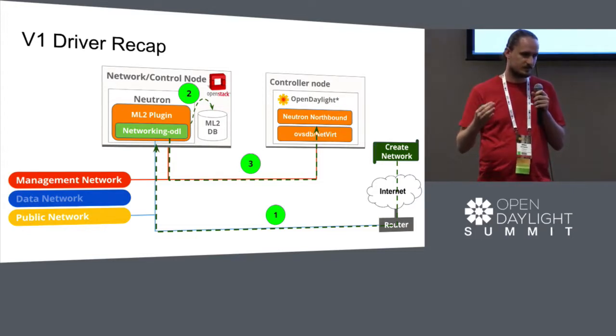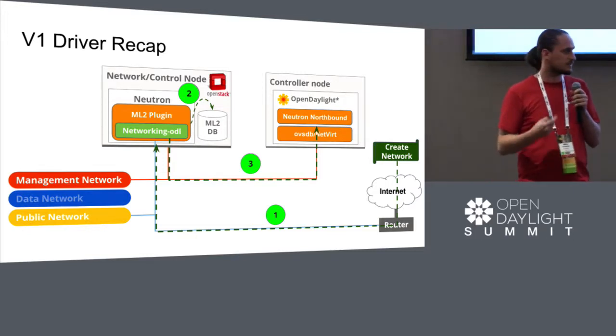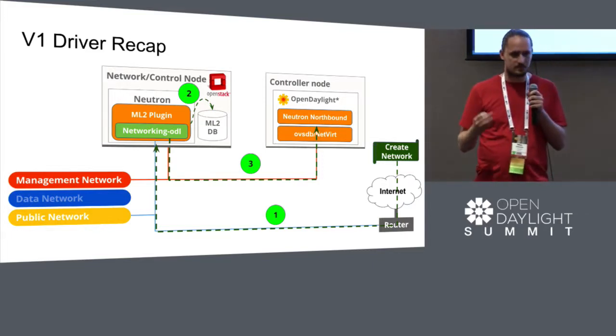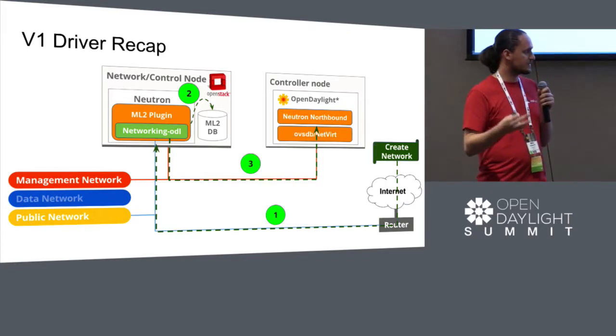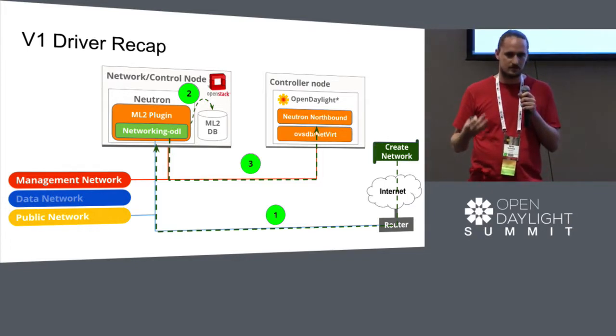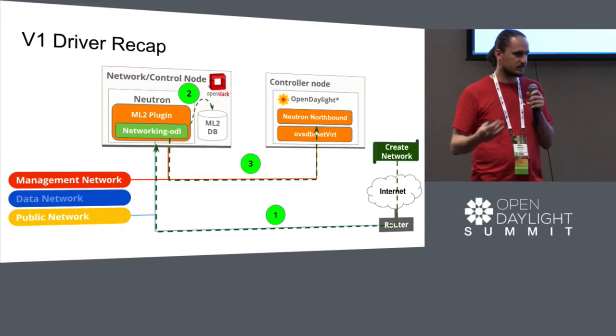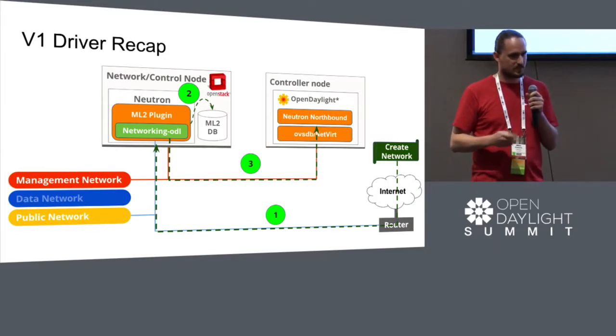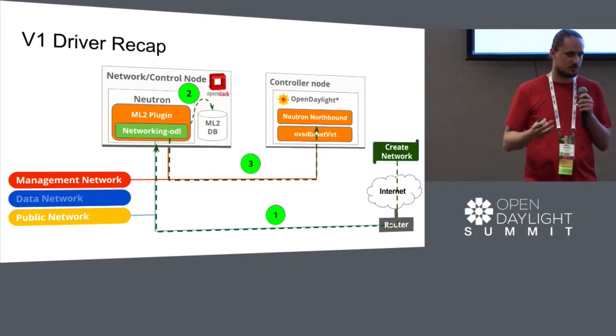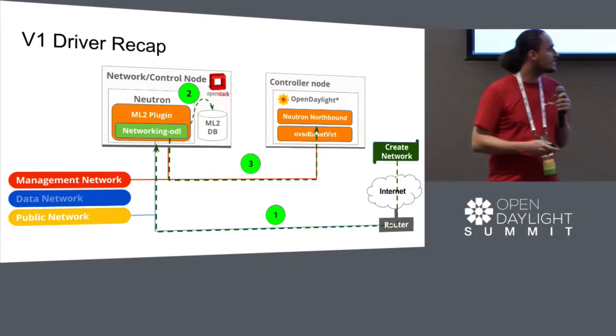So it's a very simple implementation, but it's very limited. It's more suitable for a POC, not really for real use cases, because it hits race conditions and some other problems that I won't go into, but if you know the history behind this, you know there are a lot of problems with the V1 driver.